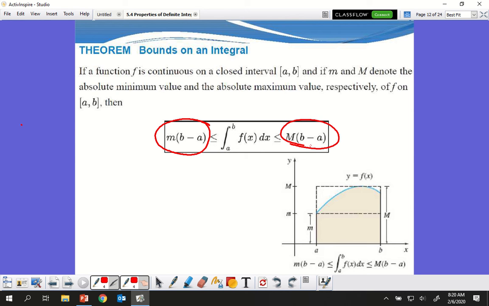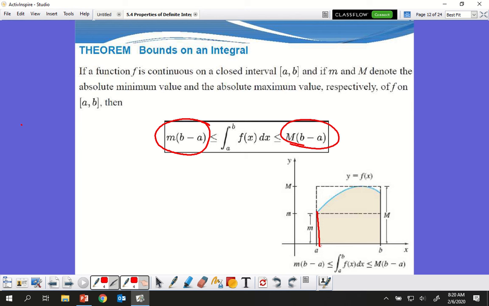Where the minimum would be like we have here, from a to b, the minimum is only from this piece right here. So it's all this, okay? And the maximum would be all the way to the top. If you notice, these are my rectangles of this, right?